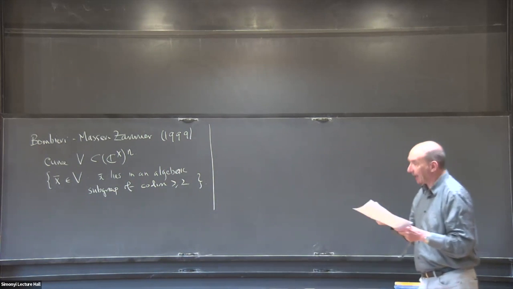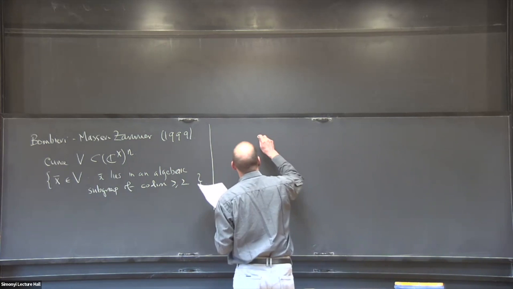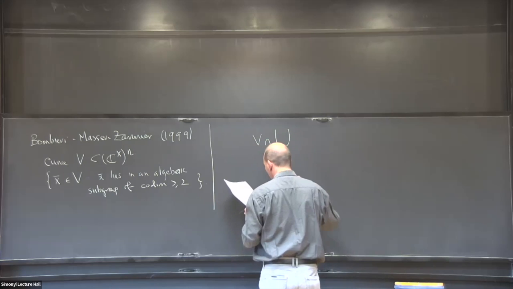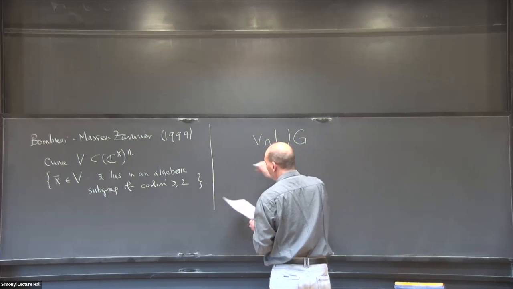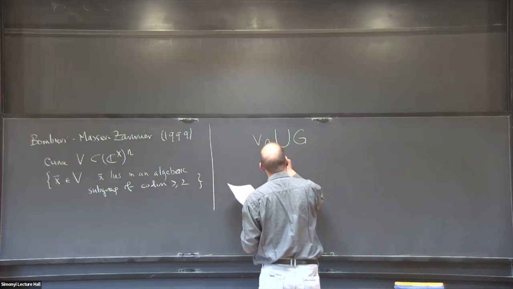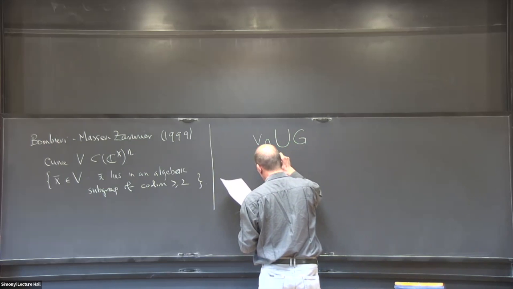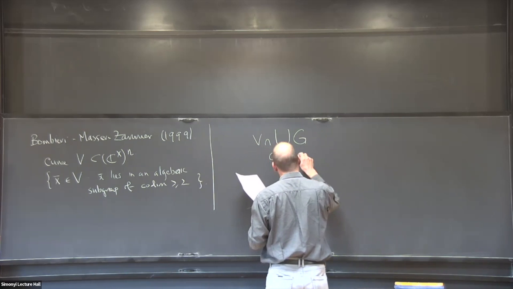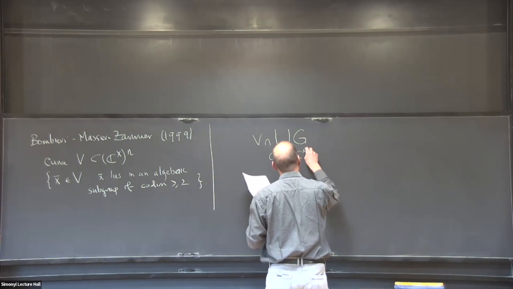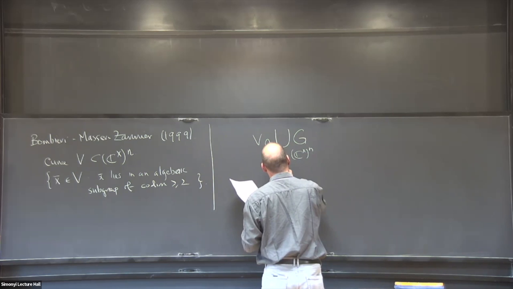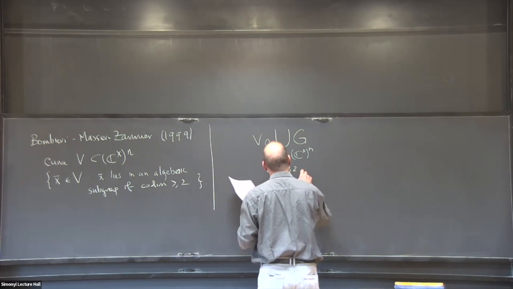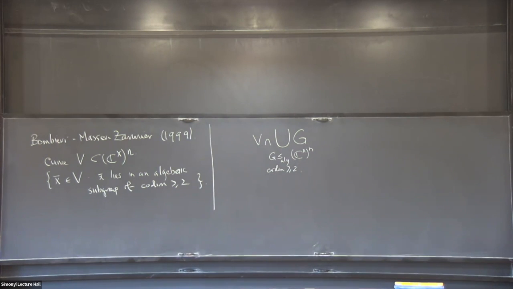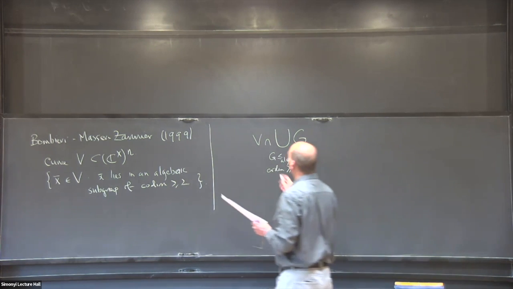And so they conjectured, so that we have this set, if you like, V intersected with the union of algebraic subgroups defined by multiplicative conditions. So G is an algebraic subgroup of C star to the n, with codimension at least 2. And they conjectured that this set is finite under a natural condition.